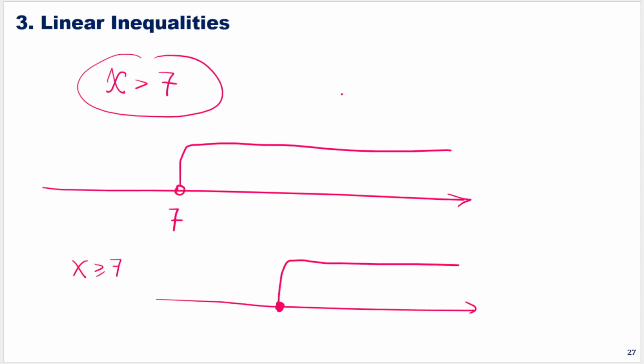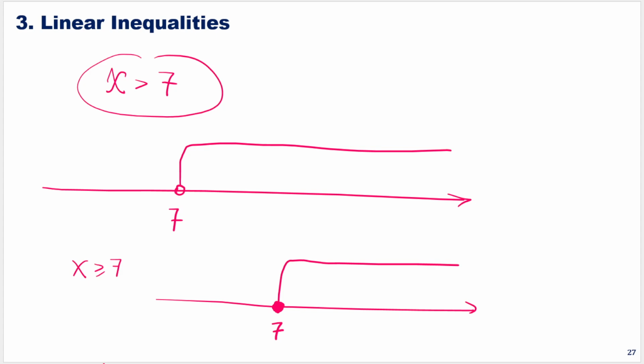Okay? Be careful with the difference. If you use a circle, that means x is strictly greater than 7, and usually we'll use a solid dot to indicate x could be larger than or equal to 7.